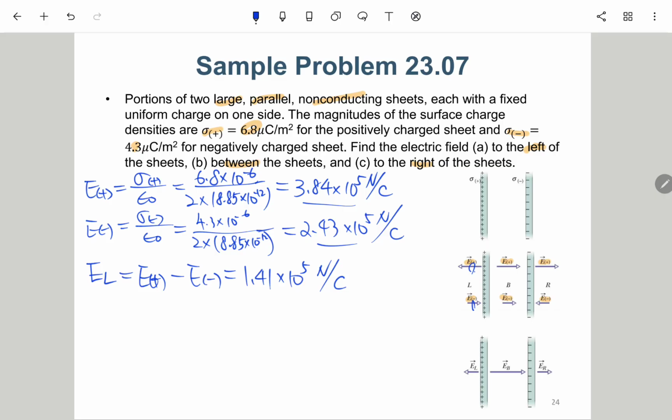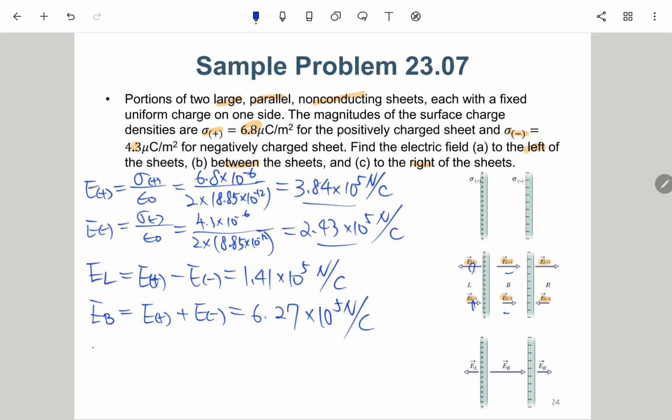And then E between, in the middle, they add up. So it should be E plus plus E minus, which is 6.27 times 10 to the 5th newton per coulomb.